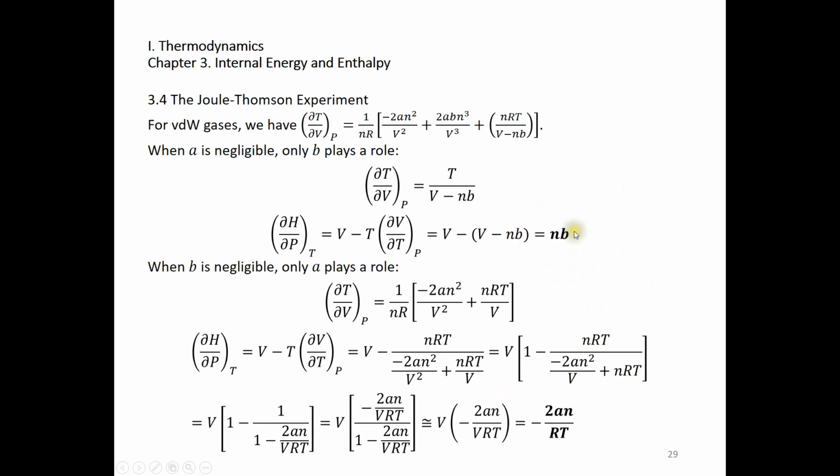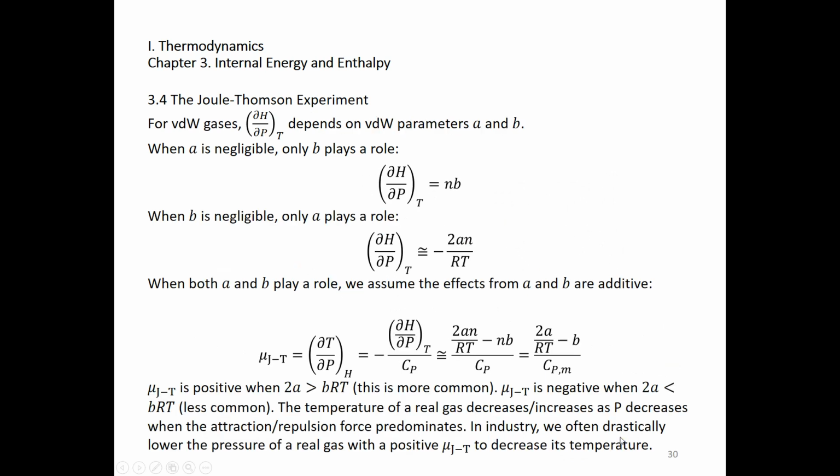So it's going to be nb minus 2an over RT. Again, when a is negligible, delta H over delta P is nb. When b is negligible, delta H over delta P is roughly negative 2an over RT. When both a and b play a role, we're going to assume delta H over delta P is the sum of nb and negative 2an over RT.